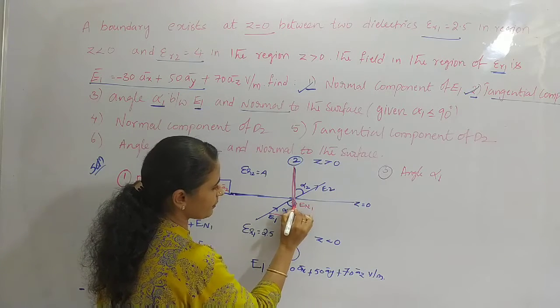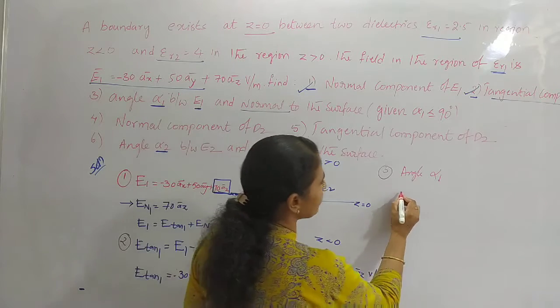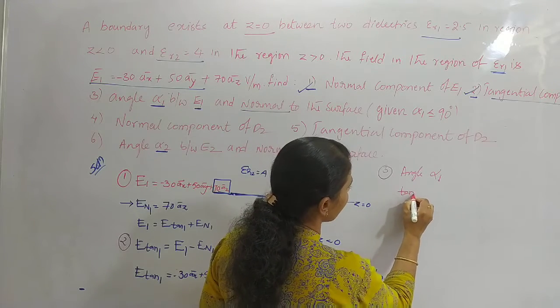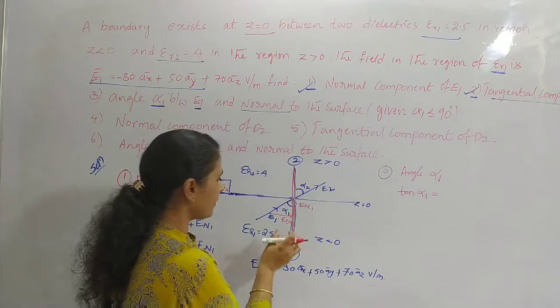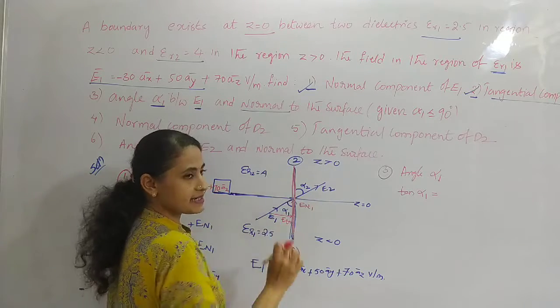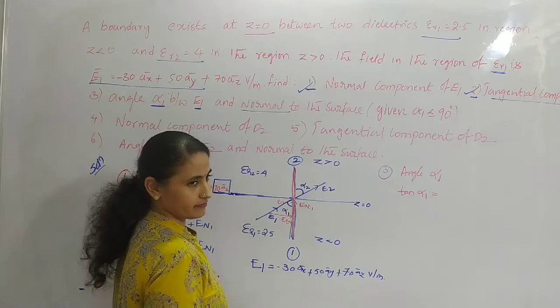Applying tan alpha 1, it is the opposite side by the adjacent side, and the hypotenuse is E1.